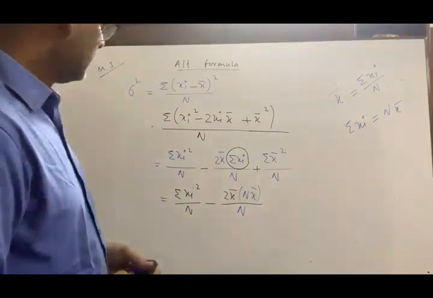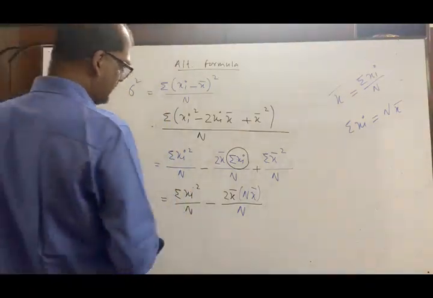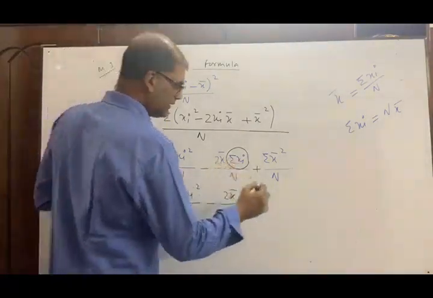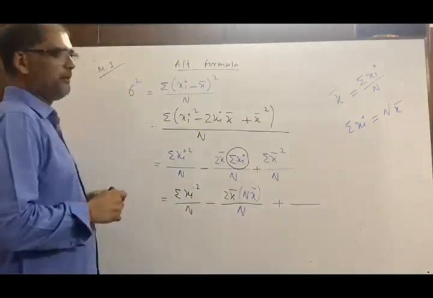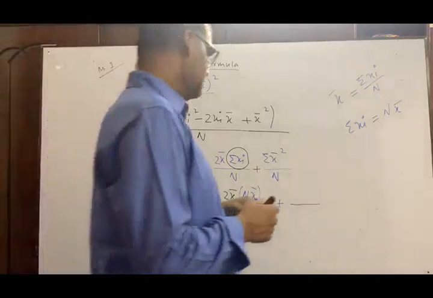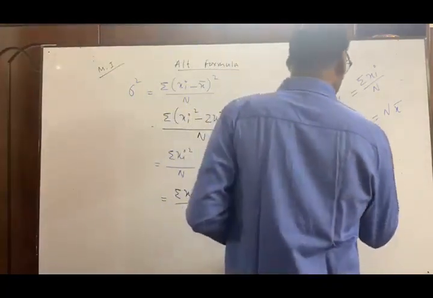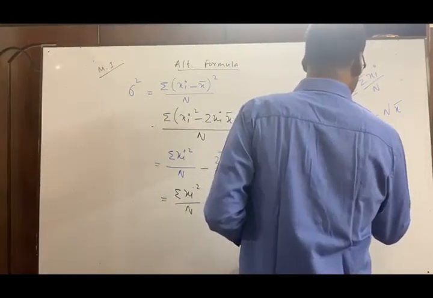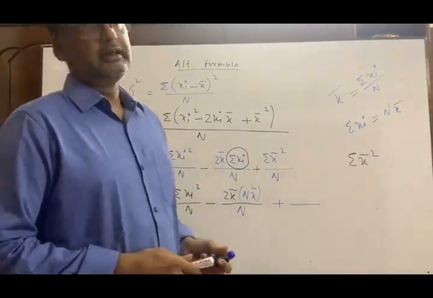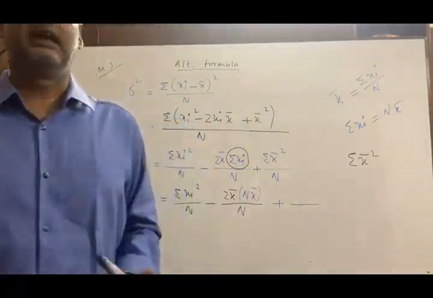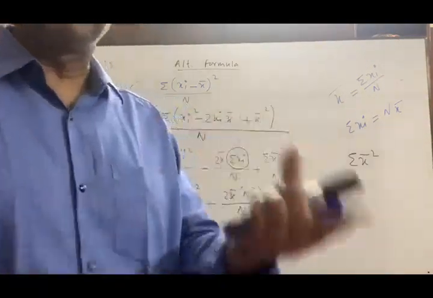Now, can you tell me, is there anyone here to let me know what will be here? Sum of x bar square. What is meant by this? X bar square is okay. Sum means up to n terms, right?